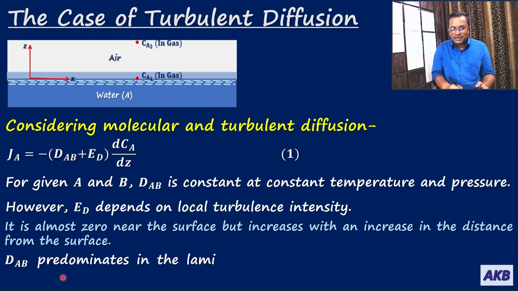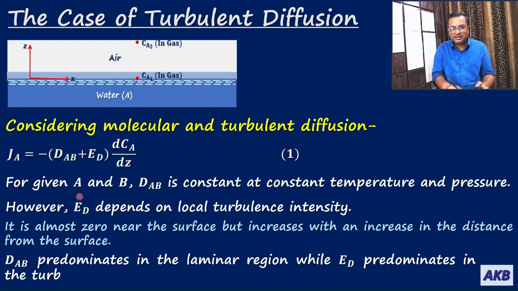DAB predominates in the laminar region. Why in the laminar region? Because molecular diffusion is predominant in that region, and ED will be predominant in the turbulent zone. You need to understand this. So as you move away from the surface of water, this equation will get modified. Initially, DAB will be predominant.